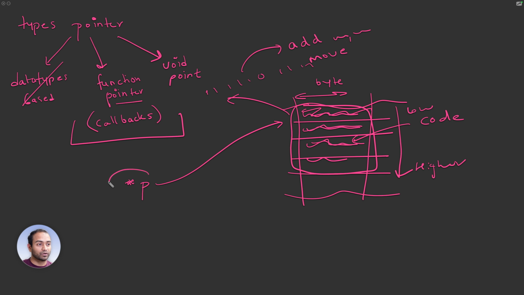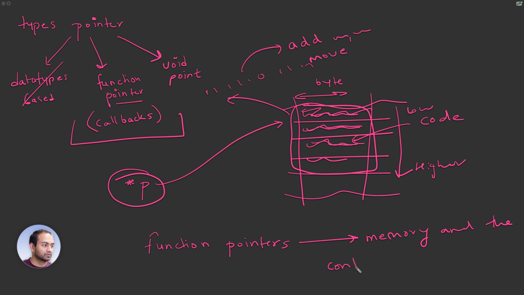And so function pointer then, let me just write it here. Function pointers point to memory and the content is assumed to be code or instruction.